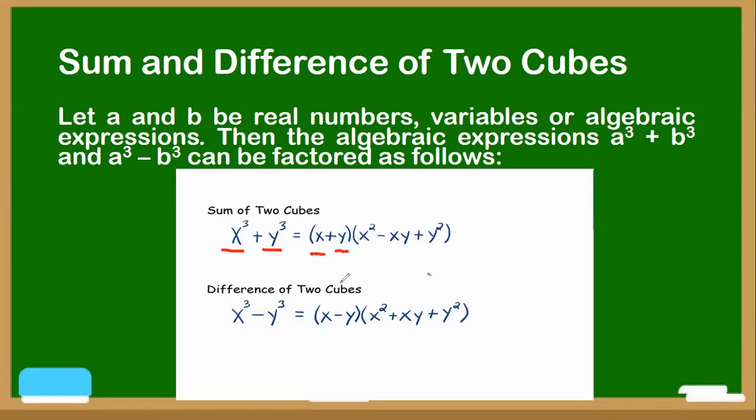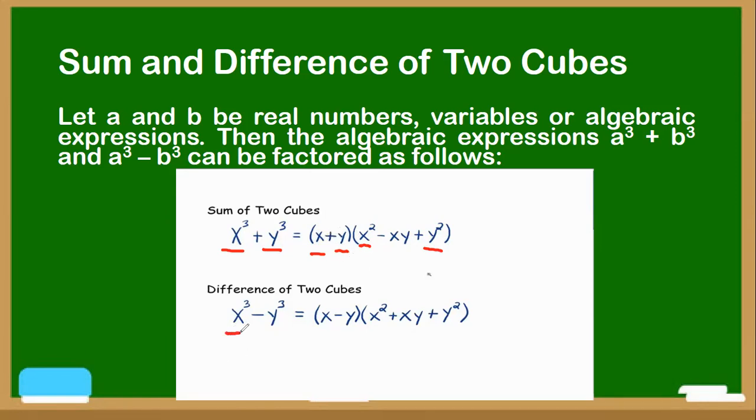Then, to get the next factor, we square the first and the last term. Then get the inverse product of x and y, which is negative xy. That is true if the first factor is a sum.